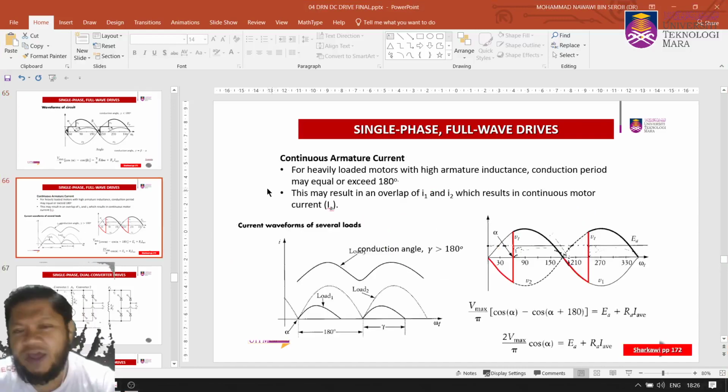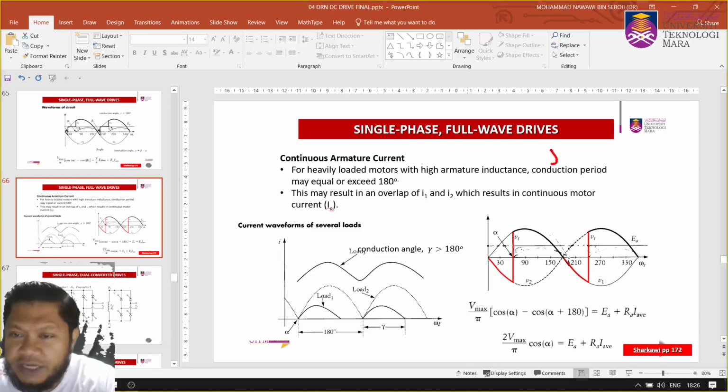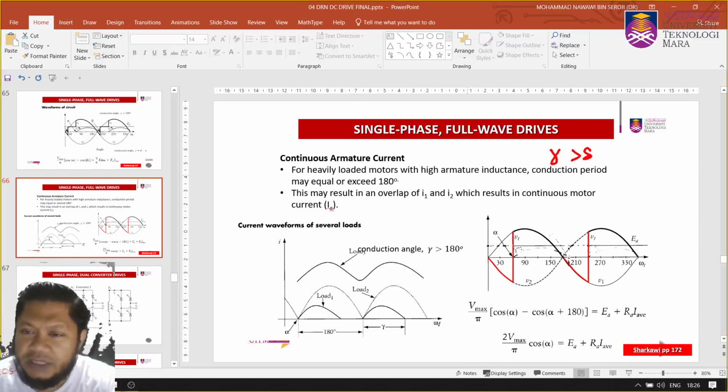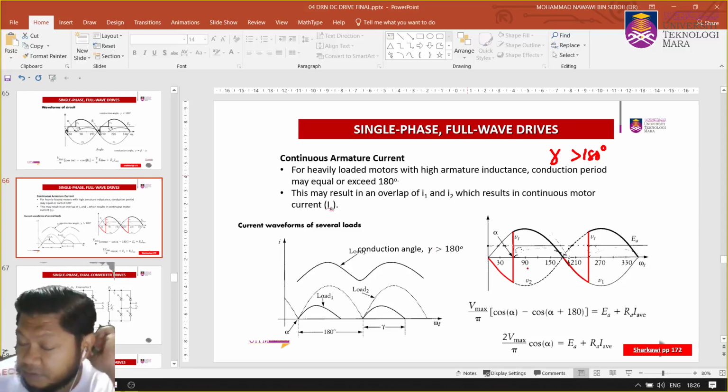For heavily loaded motors with high armature inductance, the conduction period may equal or exceed 180 degrees, which means your conduction angle is beyond 180 degrees. So you couldn't find where your beta is here, because there's no beta. If you look at the angle, here with discontinuous operation, you still can measure gamma, isn't it?